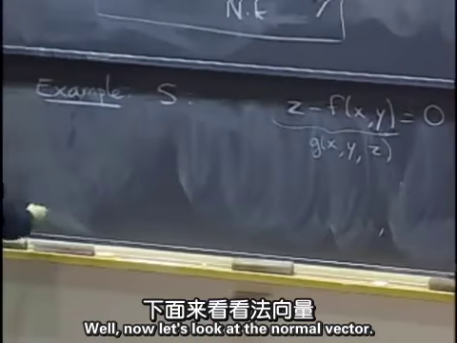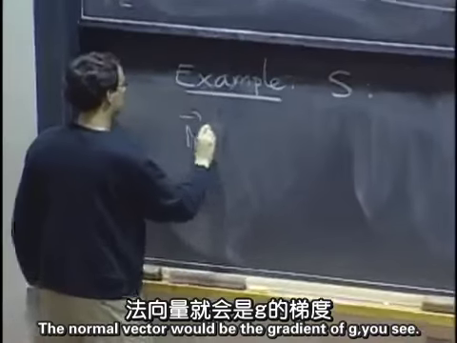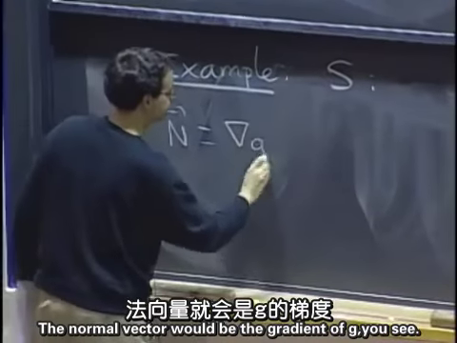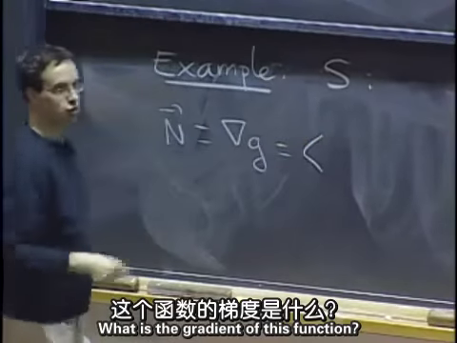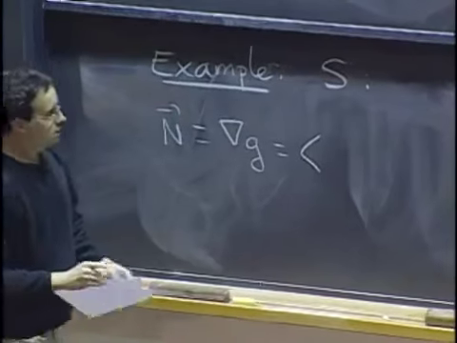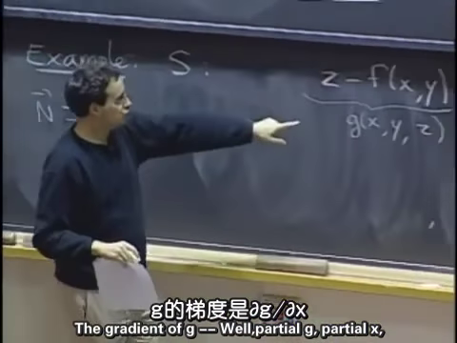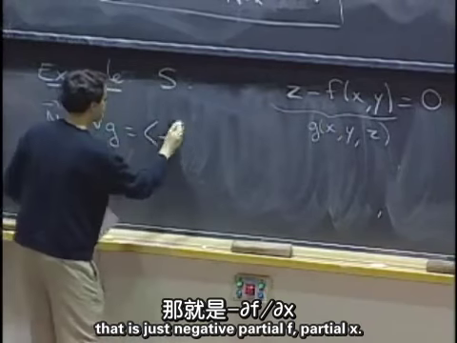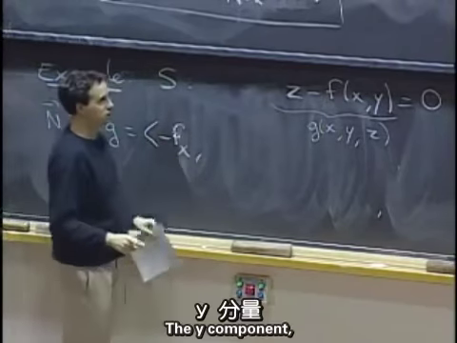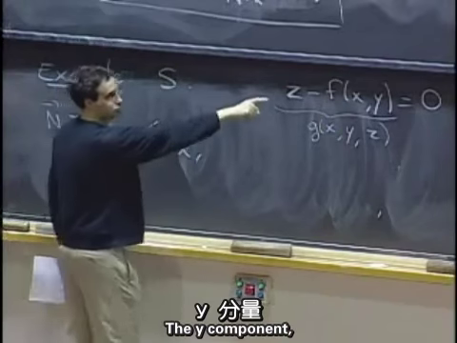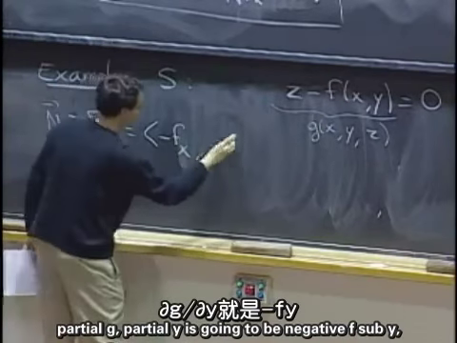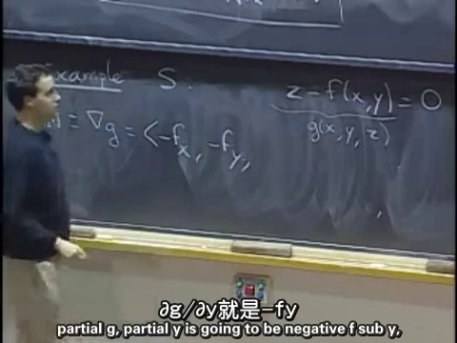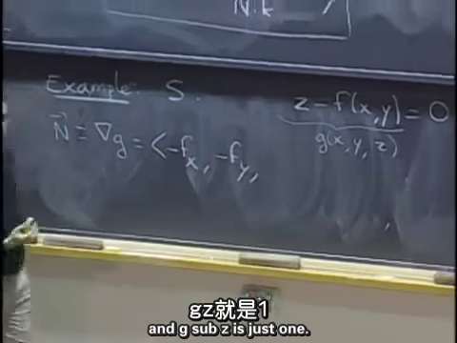Now let's look at the normal vector. The normal vector would be the gradient of g, we said. What's the gradient of this function? Partial g partial x is just negative partial f partial x. The y component, partial g partial y, is going to be negative f sub y, and g sub z is just 1.